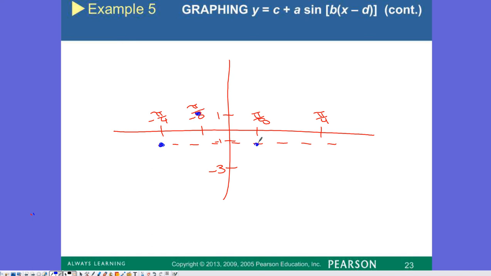I skipped 0. Down to negative 3. There we go, a little bit better. All right.